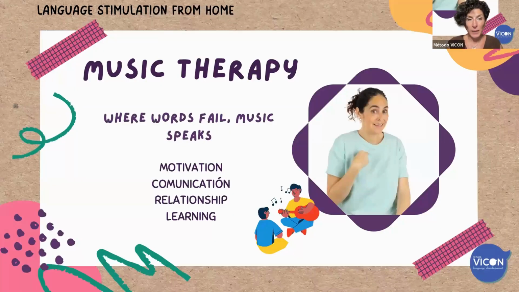The second aspect is music therapy. It gives us one of the central strengths of the method, which is the motivational aspect. Even though it has all the communication, the relationship, and the learning abilities all linked, the motivational aspect is very important because it makes learning meaningful.